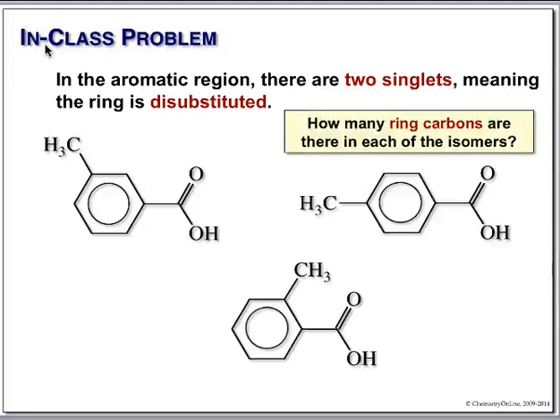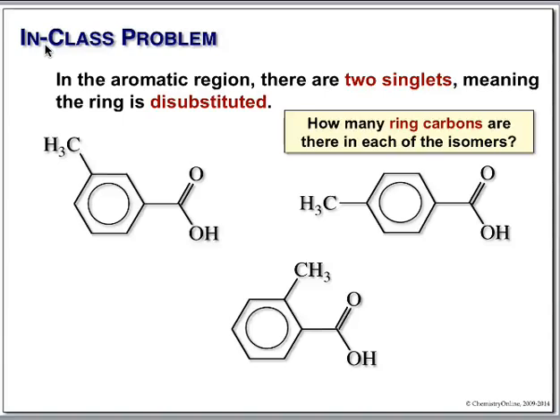Figure that out. How many ring carbons in each of these isomers? No, not 12. There are only 6 carbons. It's our symmetry exercise, okay? We do this all the time with C13.